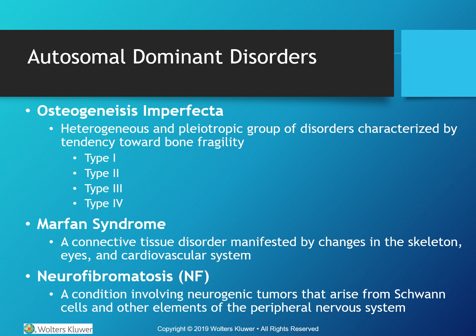Marfan syndrome can usually affect several organs, which can include the eyes, the cardiovascular system, the skeletal system, and it can have a wide range of variations in the phenotype for this disorder.